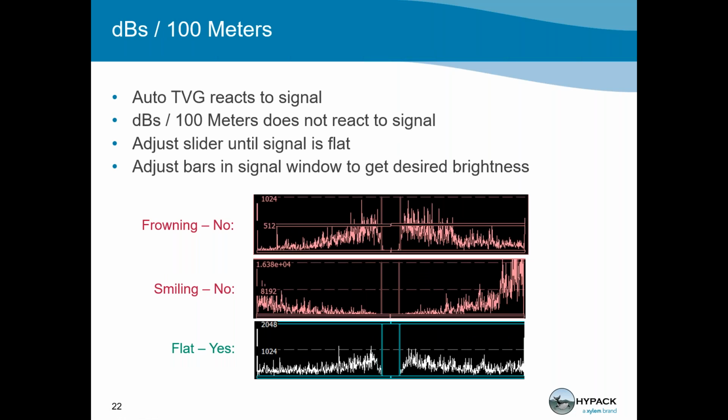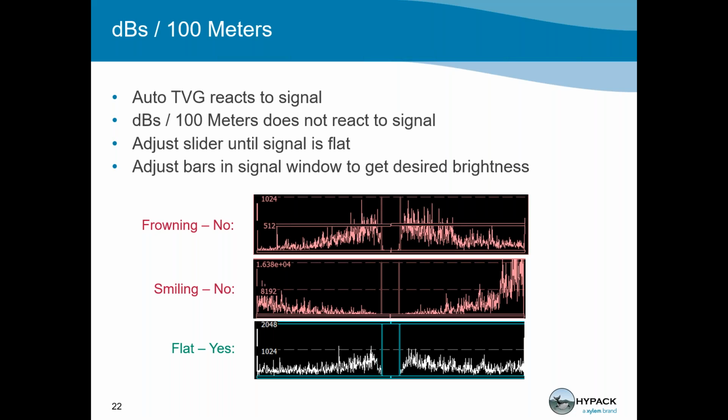So the decibels over 100 meters is a little more, I don't know if I would call it stable, but I guess you sort of need to understand how Auto TVG works. Auto TVG uses the raw input signal to determine its TVG curve, which is why it'll change and wiggle over time. We'll see that when I show you the demo in a second. Which means that if you have a sudden brightness change, the Auto TVG curve is going to react to that.